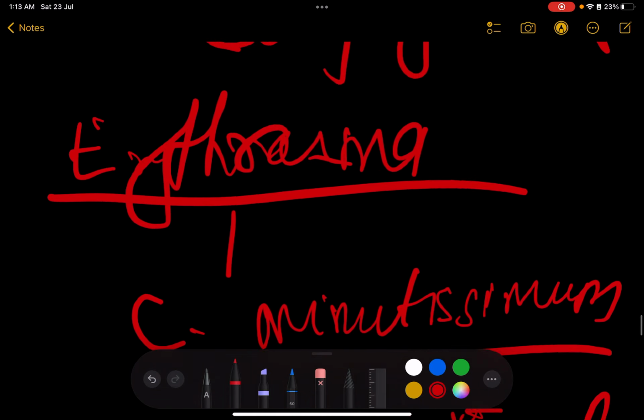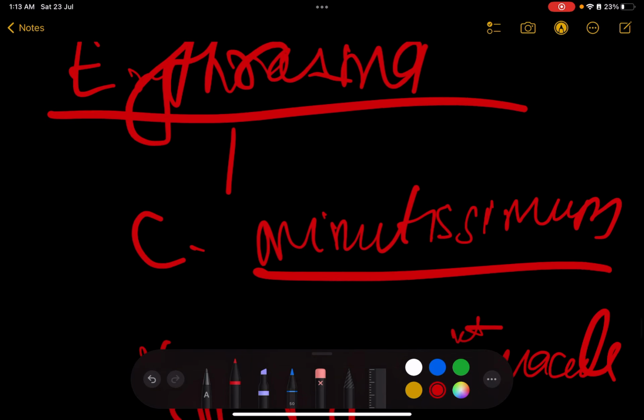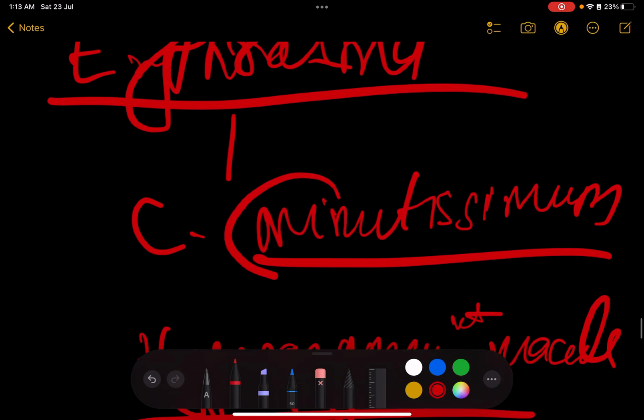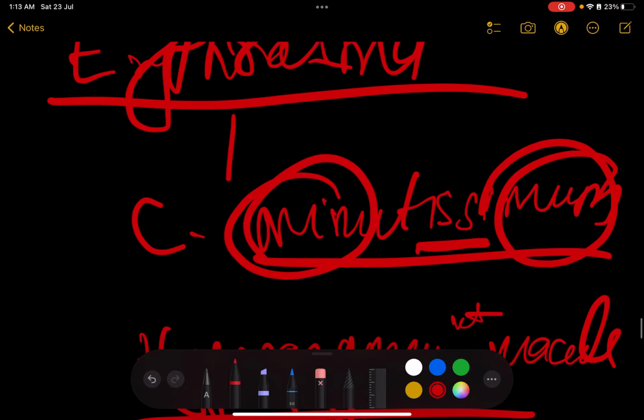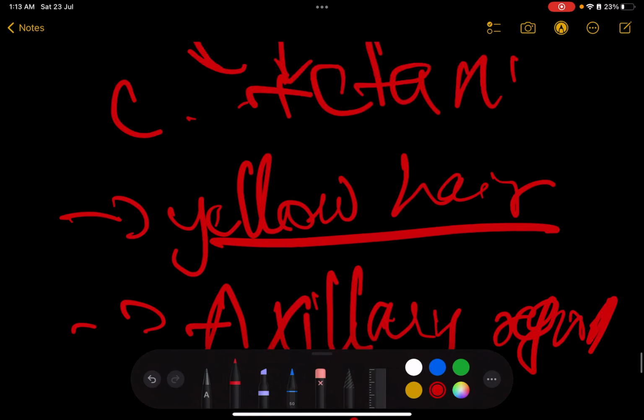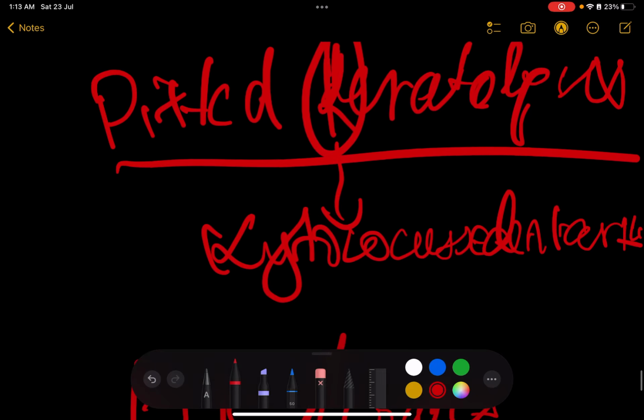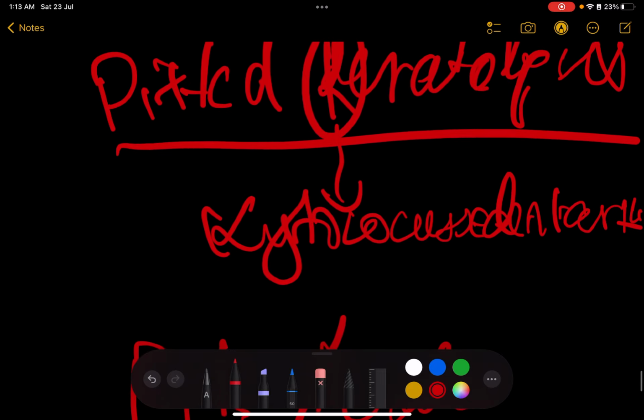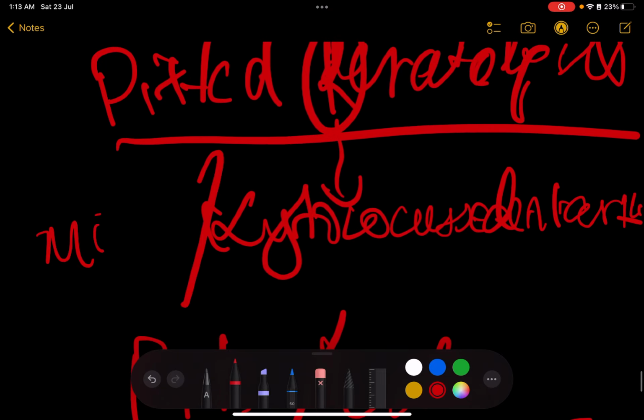And the last one is erythrasma, by Corynebacterium minutissimum. And pitted keratolysis is by a micrococcus. Rather than writing this entire messed up name, just remember it's by micrococcus. In case an MCQ comes, keep in mind K for keratolysis, K for Kytococcus sedentarius.